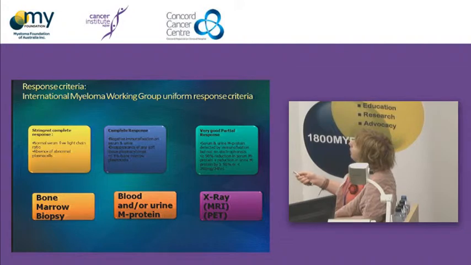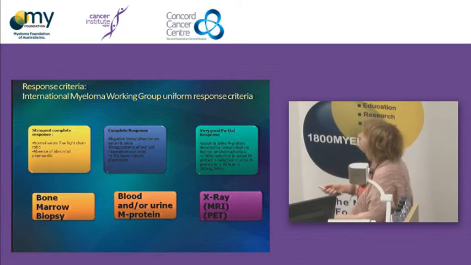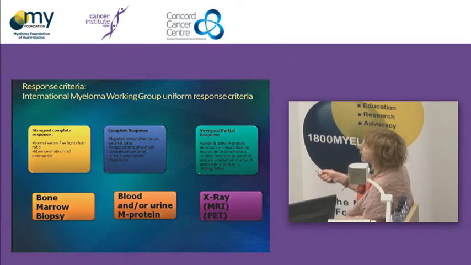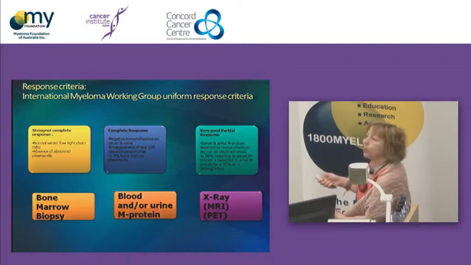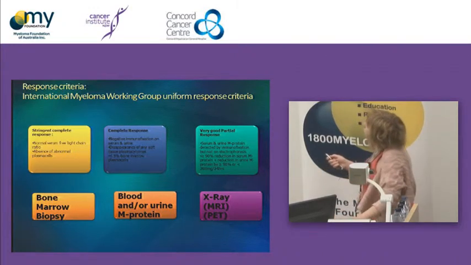To establish this level of response, you need to do a bone marrow biopsy. We look at how many plasma cells are left in the bone marrow, and possibly none. So the bone marrow biopsy is one of the tests used to establish response to treatment.